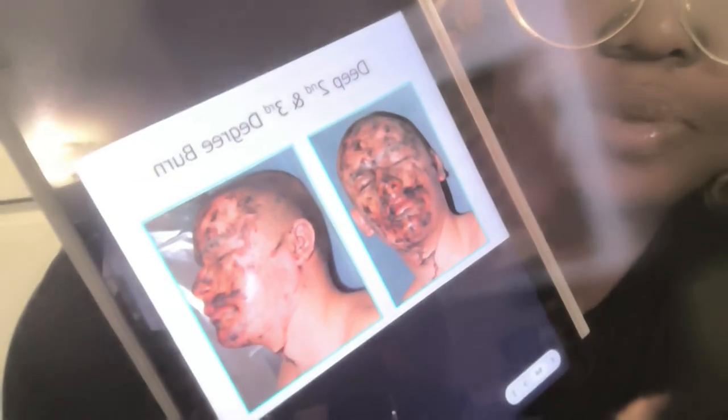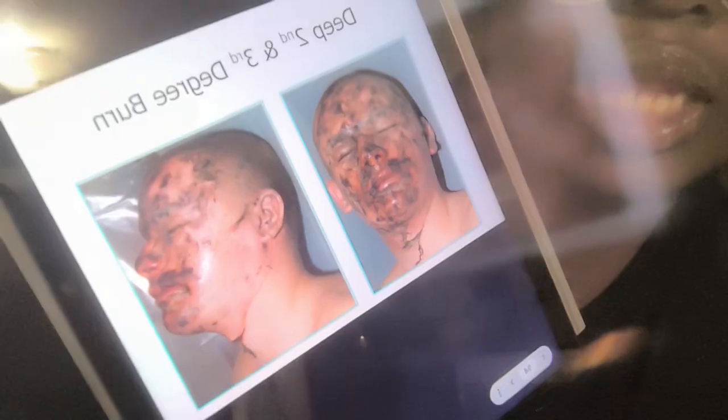This is an example of how a deep second and third degree burn looks on the face. Remember, if you have any burn on the face, it's really important to secure the airway. If you watch part one of the burn series, I go into thorough detail about that.